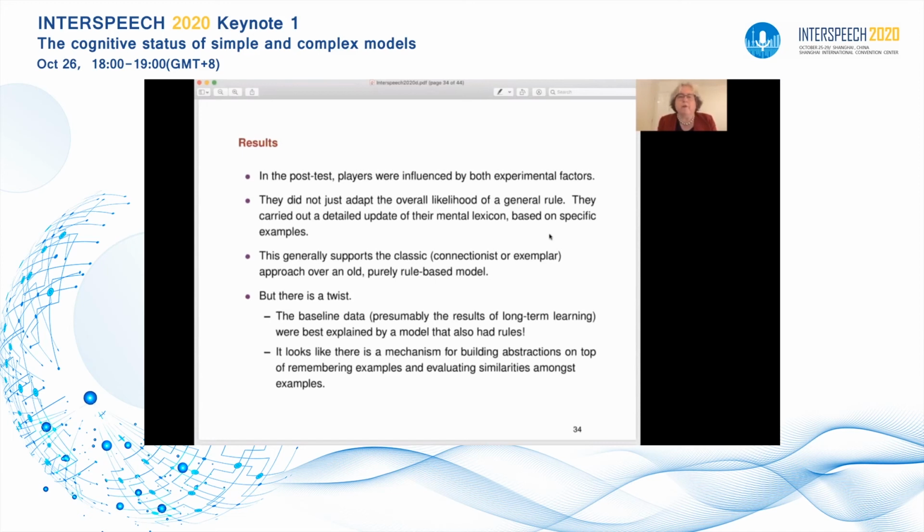Instead, they carried out some sort of detailed update of their mental lexicon based on specific examples. And that result looks really good for the classic approach, that is the connectionist or exemplar approach, over an old, purely rule-based model. But there was a twist, which is that the baseline data, which are presumably the results of long-term learning, were best explained by a model that also had rules. So it looks like there's a mechanism for building up abstractions on top of remembering examples and evaluating similarities amongst examples.